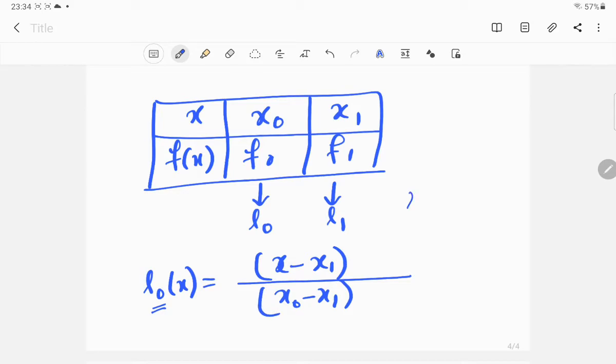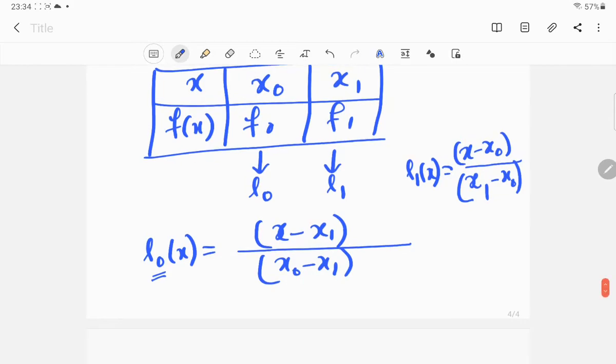Similarly, if you want to write L1(x), it will be first order, i equal to 1, so it will be x minus x0, because x minus x1 you can't take because it is already 1, and then you have x1 minus x0. So this is a trick of writing the Lagrange interpolating polynomial. It comes with practice only.